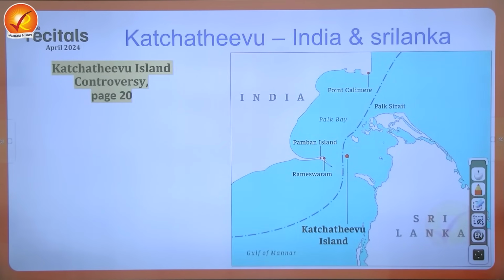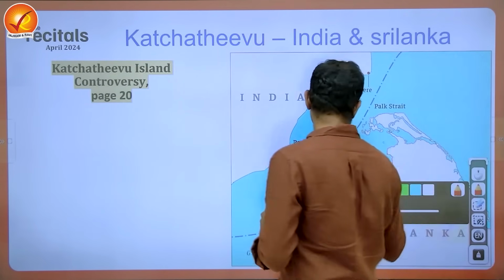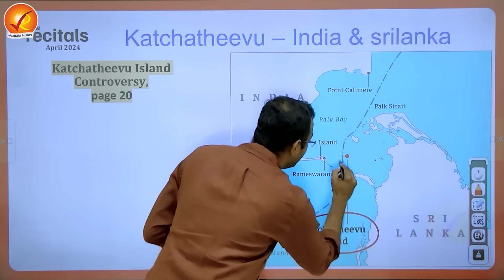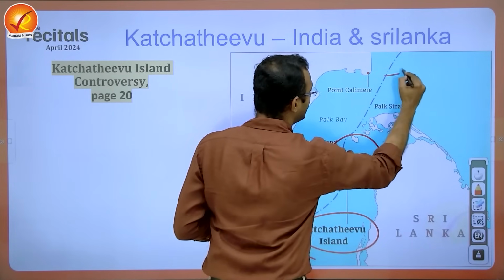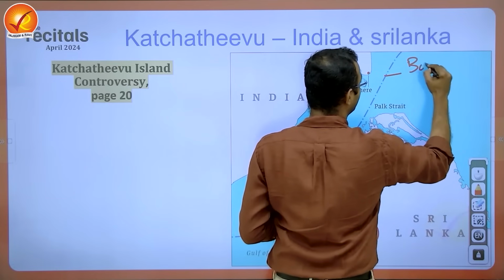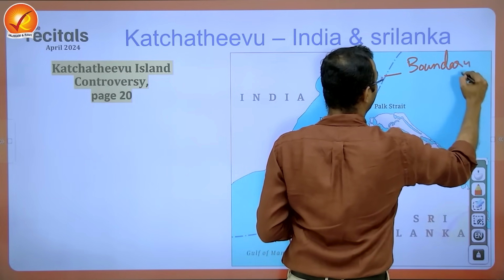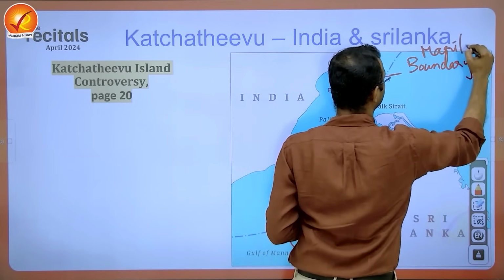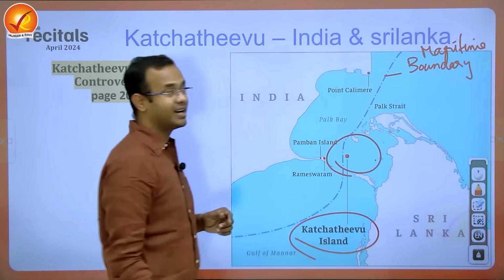Moving on to the next place, which is Katchatheevu, right? You will be able to see this blue line is the international maritime boundary between India and Sri Lanka.